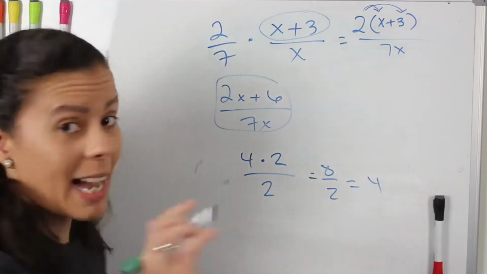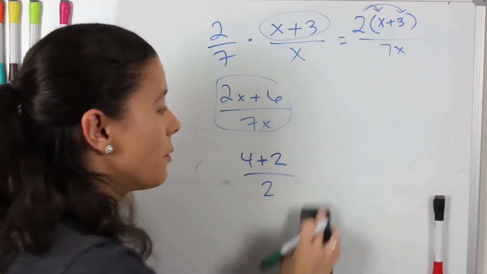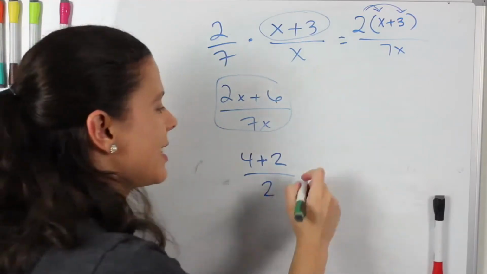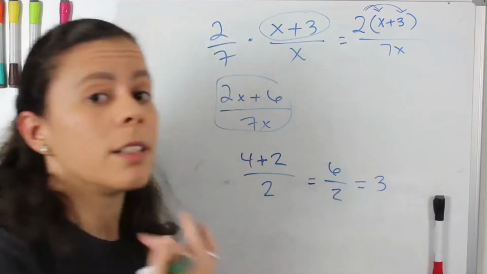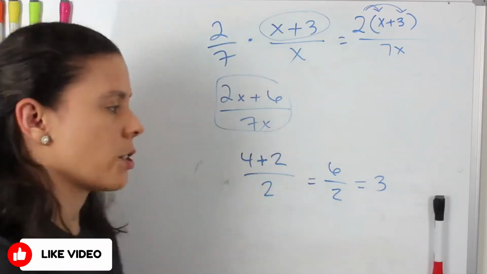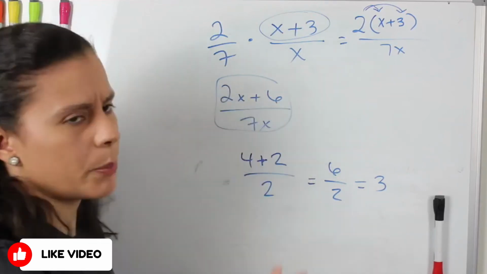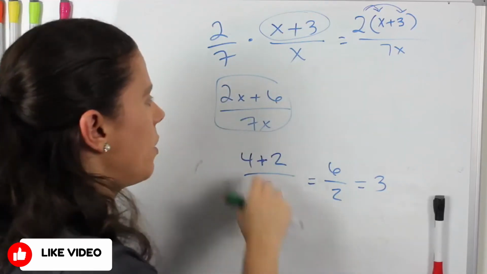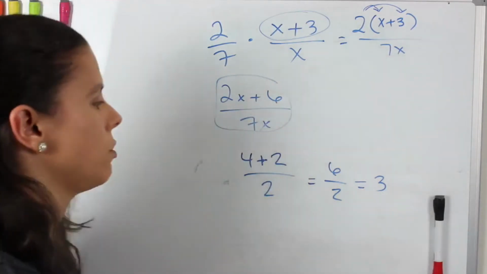But if I had 4 plus 2 and I divided that by 2, is that going to be 4? That is 6 over 2, which is 3. Totally different number, different operation. We cannot do that. This is a sum. If they were being multiplied, by all means, but they're not. And because 2x and 6 are not like terms, you can't add them either. So you just leave them at that.